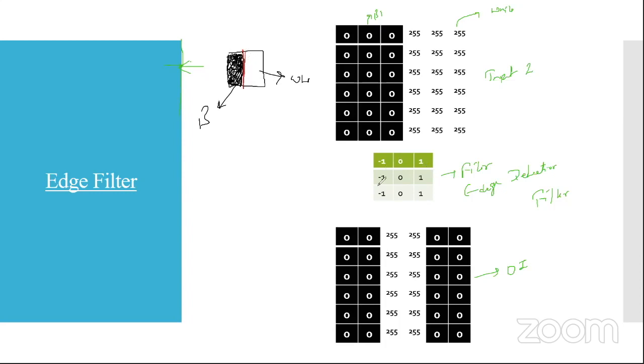Once you apply this filter, you will get something like this. Clearly you can see that the two parts are going to be black and we are going to have some white line in the center.